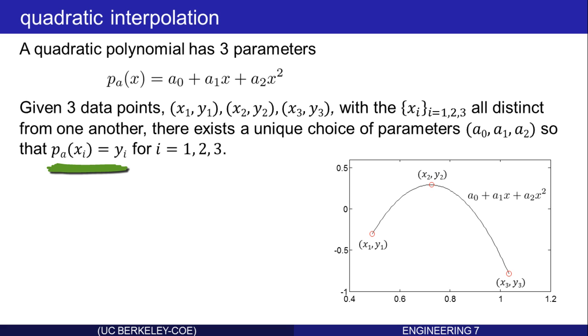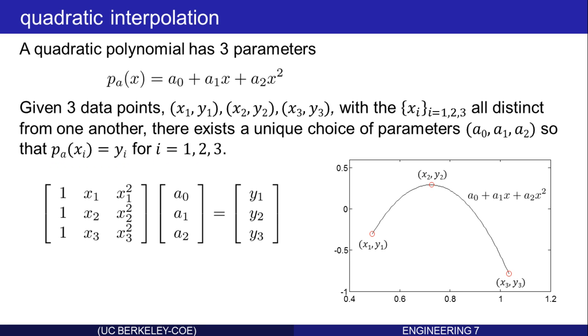Let's write this equation at the 3 locations down in matrix vector form. We see a0 plus a1 times x1 plus a2 times x1 squared equals y1, and then a similar set of equations for x2 giving y2, and a similar set of equations for x3 giving y3. Again, this is simply in the form of Ax equals b.